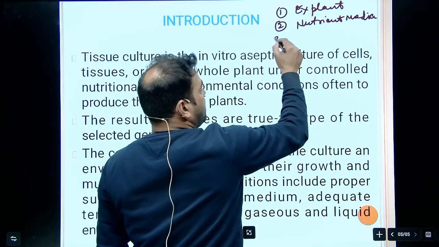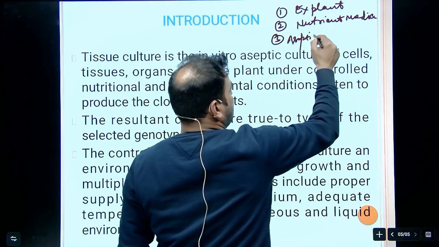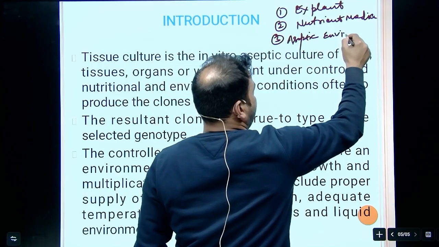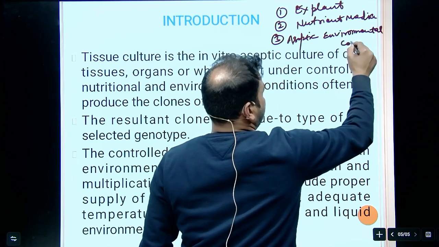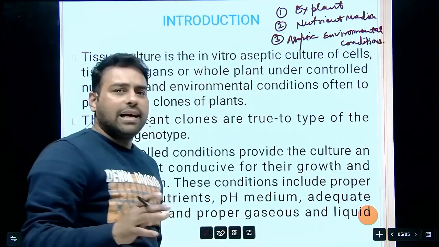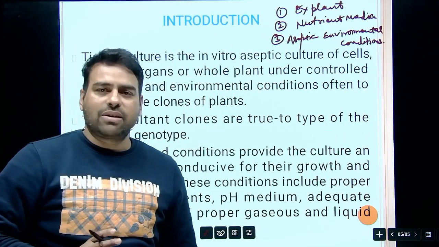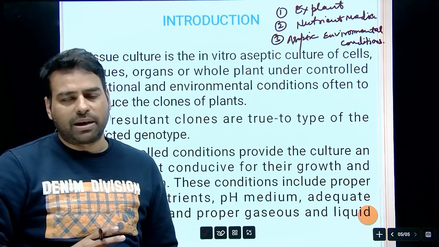And third requirement is aseptic environmental condition. So these three are the major requirements for conducting a tissue culture experiment for mass multiplication of the plant.